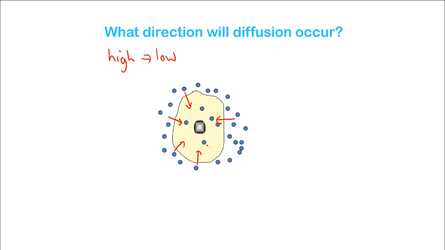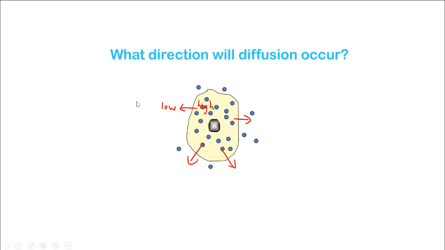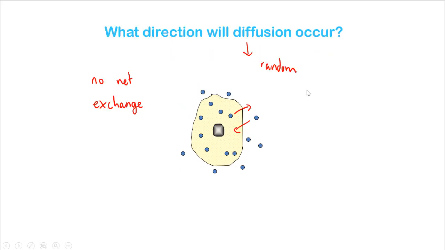But some of these little particles can also move out, and that's just because diffusion is random. So overall, when we get an example like this, where the concentration is equal inside and outside the cell, some will diffuse out, but some will also diffuse in. So we say that there is no net exchange.